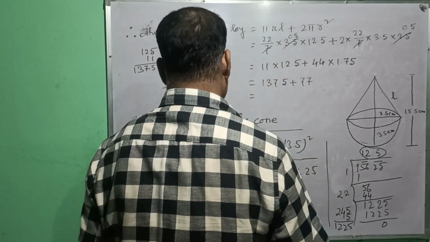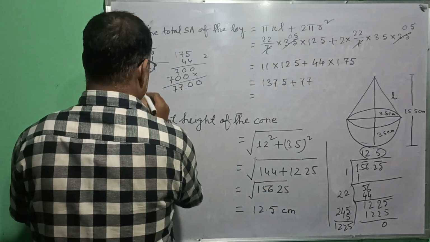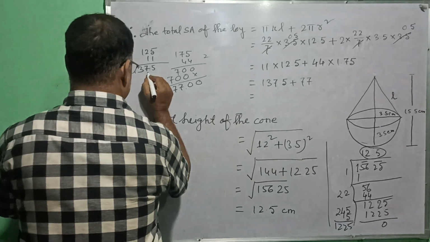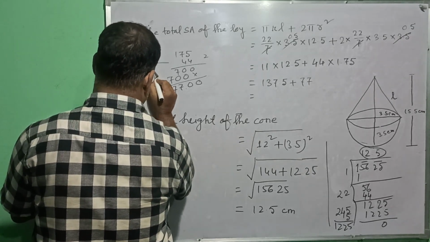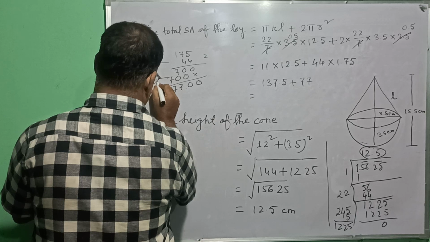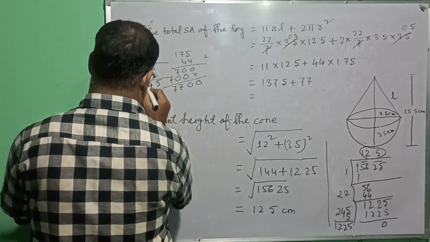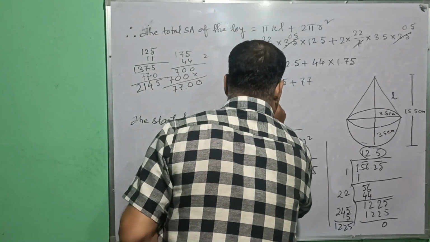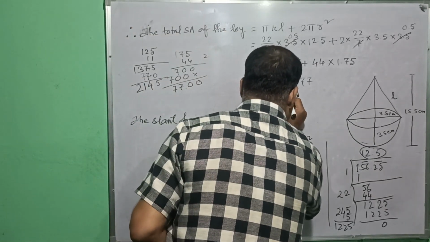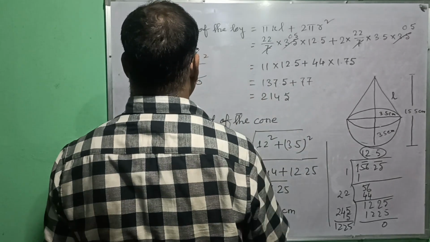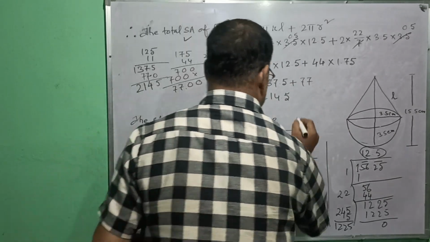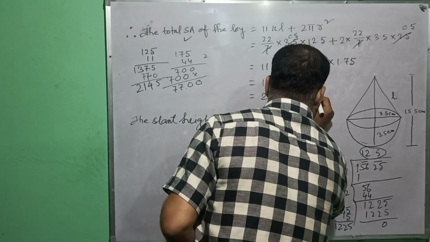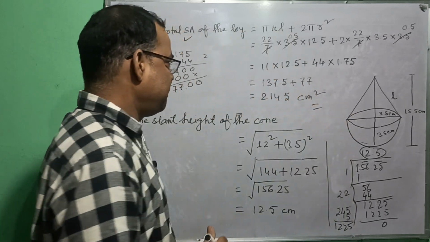If we add 77 with 137.5, we get 214.5. Now we'll put the unit, as it is surface area, so centimeter square. So this is the answer.